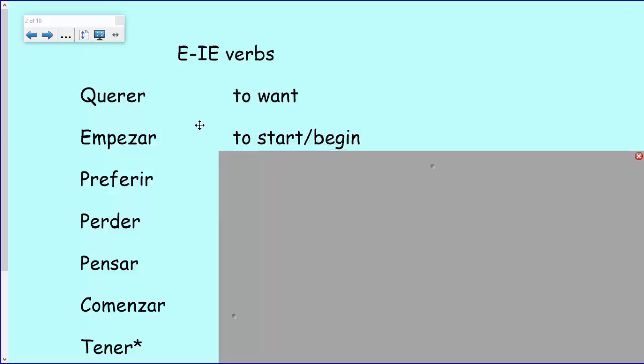Keep in mind that these verbs change from E to IE after you have cut off the ending. So for example, with querer, I'm going to cut off the ER, and so this E will change to IE. And then also just keep in mind that in the present tense that happens everywhere except for the nosotros form, which is why we call them boot verbs.